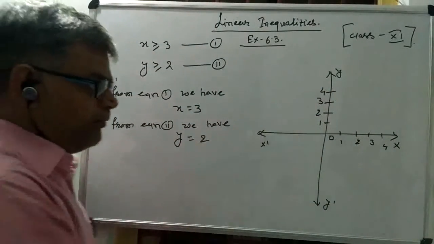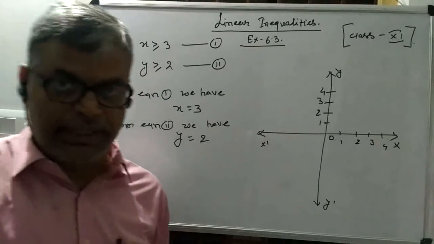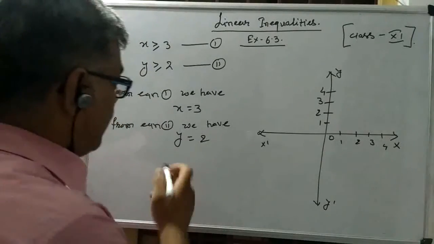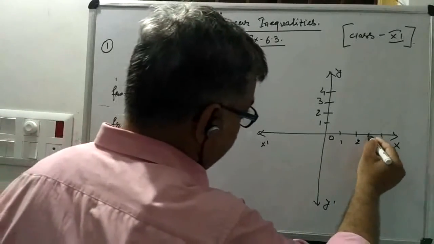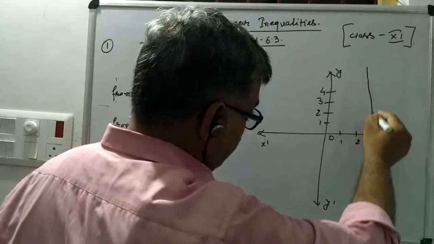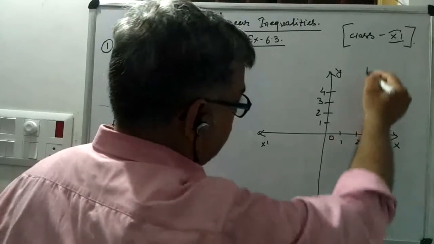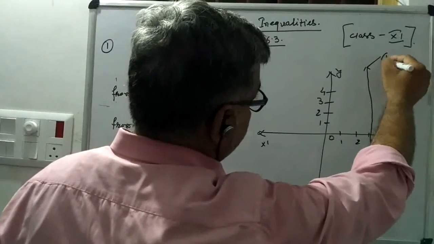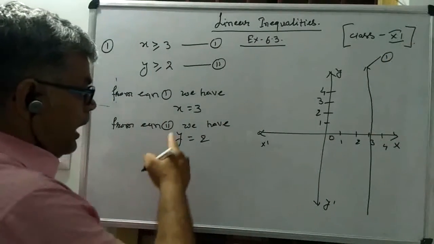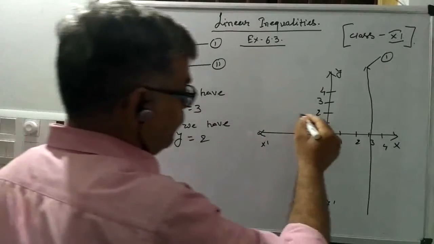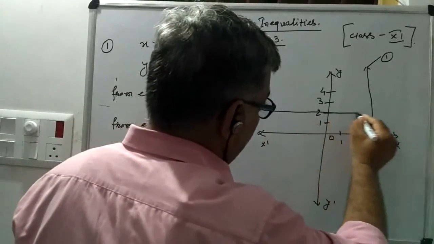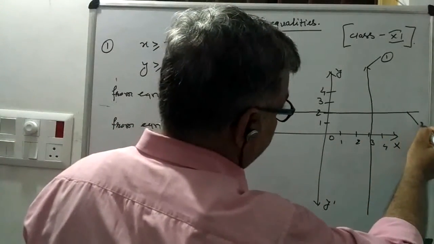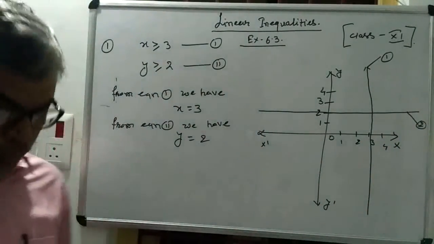Leave the negative x axis and negative y axis because there is no need for that. When we draw the line x equals 3, our line will be parallel to the y axis, like this. This is the graphical representation of equation 1. And when we draw y equals 2, we get a line parallel to the x axis. Suppose this is your graphical representation of equation 2.